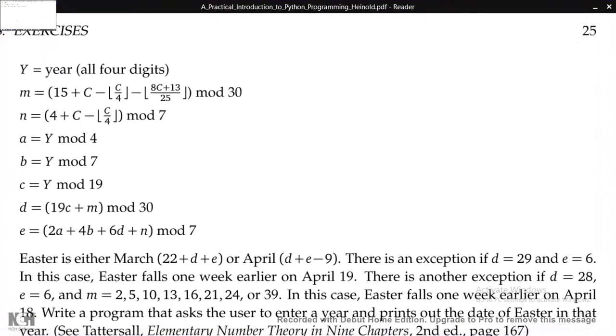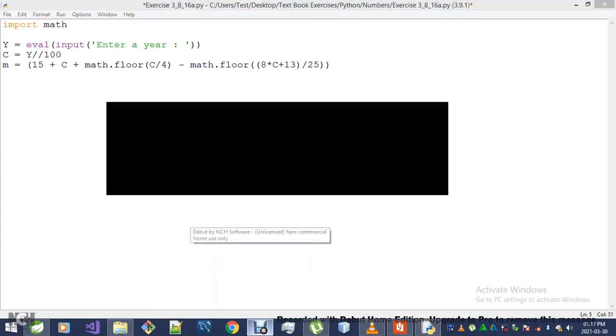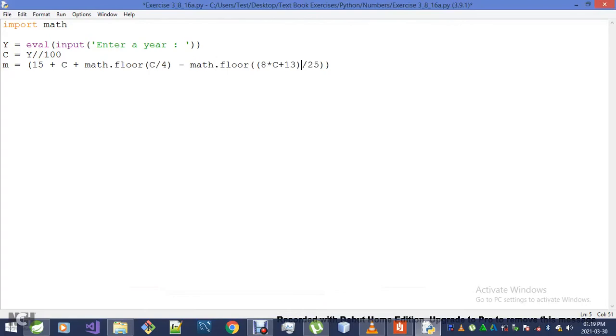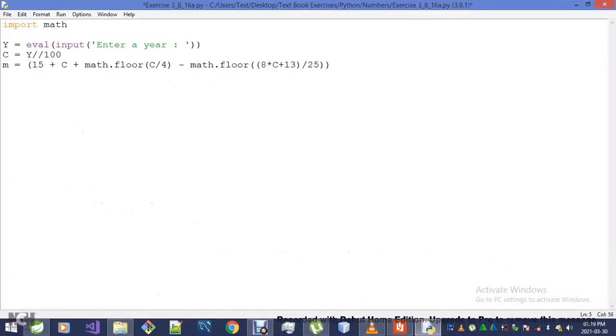Am I still good? Okay, I am. Then I divide the whole thing by 25. Take note of this, you guys. I intentionally put these brackets, the ones that surround the 8 times C plus 13. Without them, we would get something incorrect because of operator precedence. Finally we need to mod the whole thing by 30.